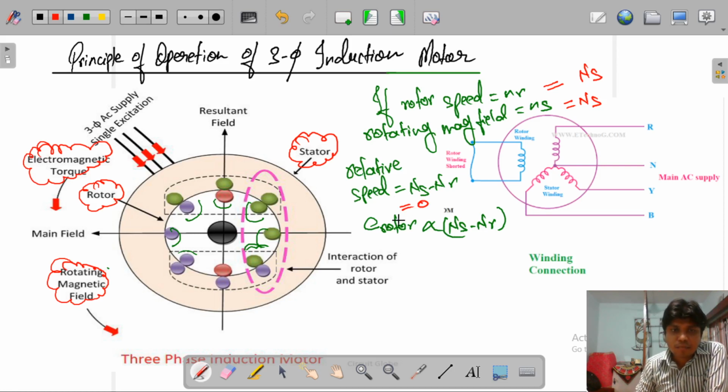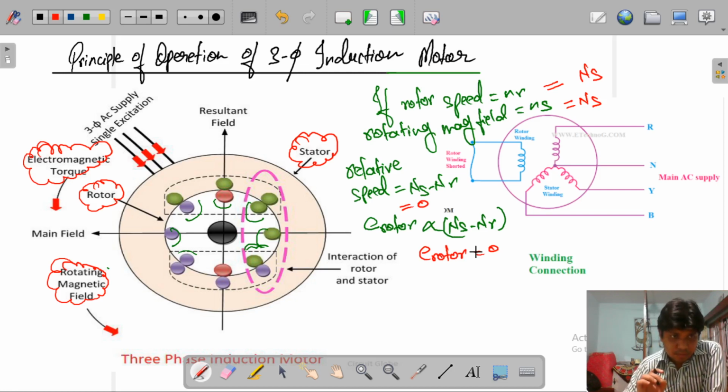There is no relative speed between the rotating magnetic field and the rotor, so there is no induced EMF in the rotor conductor, which means the rotor induced EMF is 0, and the current and power will also be 0.